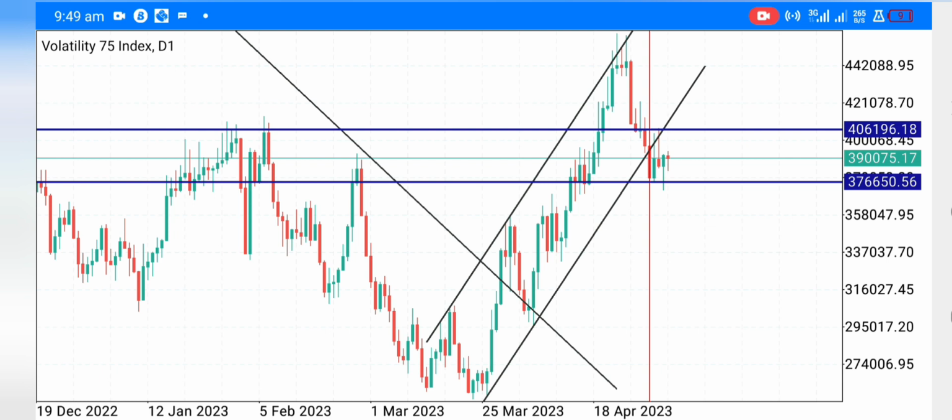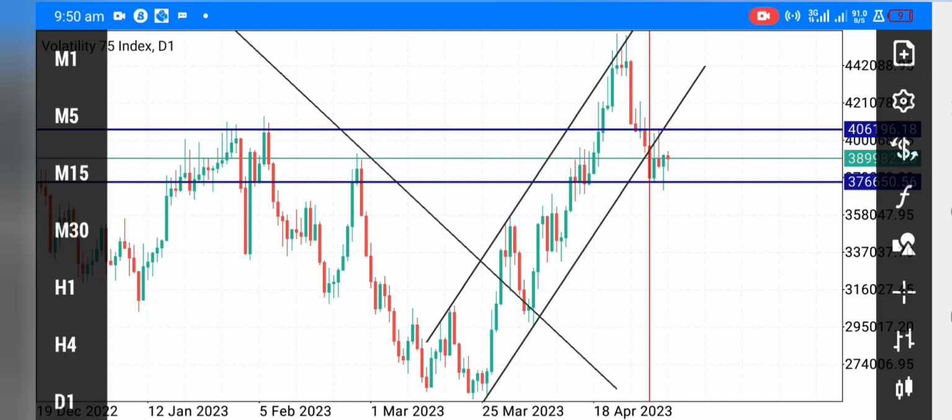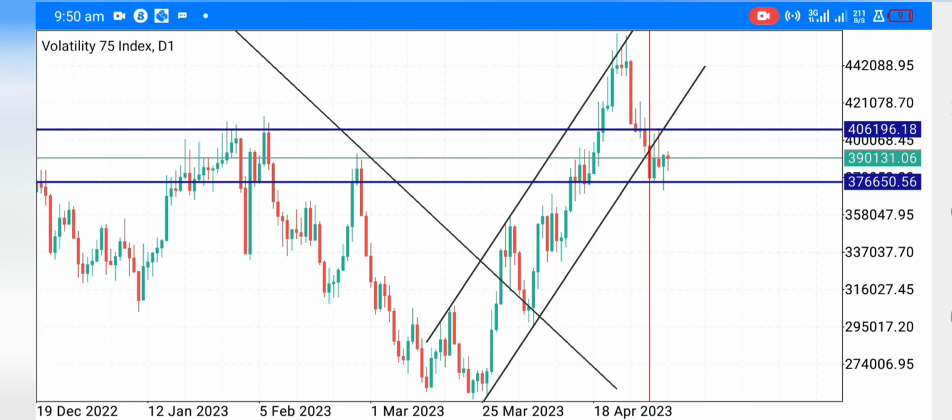So this top-down analysis, there's an importance that we do for daily, 4 hour, 1 hour, and 15 minutes. So the strategy applies to monthly, weekly, daily, 4 hour, 1 hour, and 15 minutes. The 15 minutes essentially is where I actually click the button.